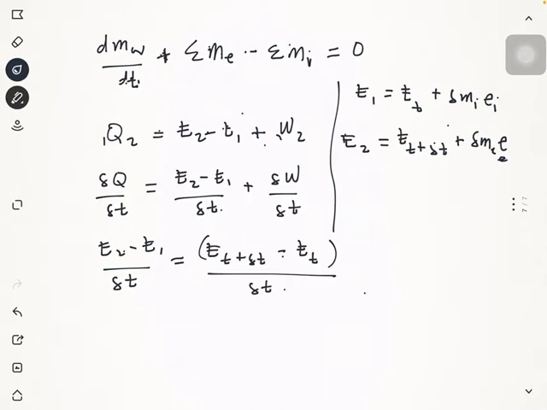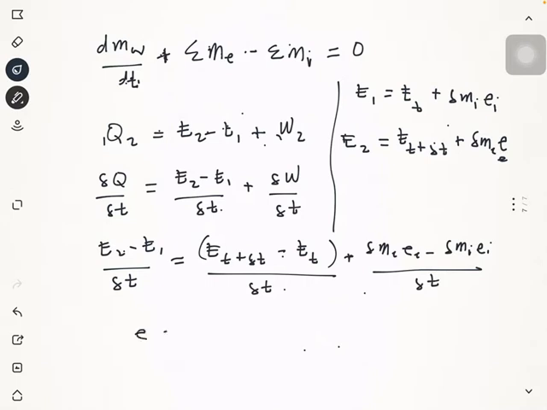over this differential of t, plus m_e e_e minus m_i e_i over the differential of t.